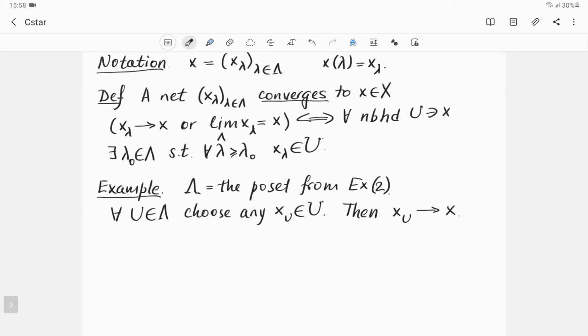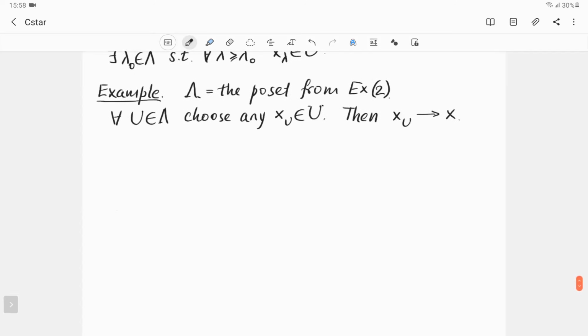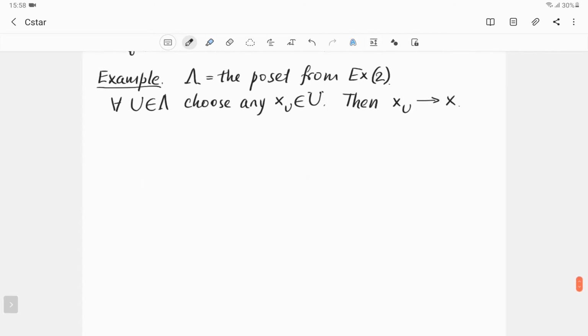Okay, so these are some definitions from general topology, and now let's come back to Banach algebras, and let's introduce the notion of an approximate identity. So from now on, we suppose that A is a normed algebra.